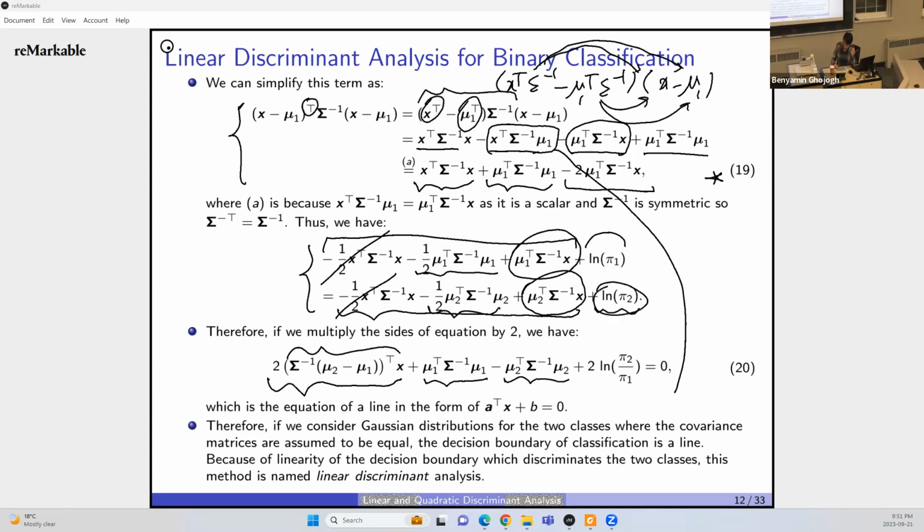When I bring one logarithm to the other side, we know that log A minus log B can be written as log of A over B. Where did these 1/2s go? I multiplied both sides by 2, so those 2s go away, and I have 2 here also. It equals 0, because I have brought everything to one side.